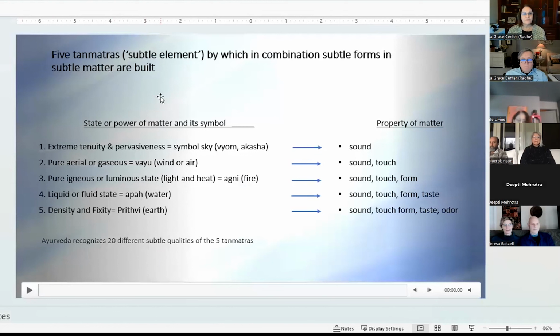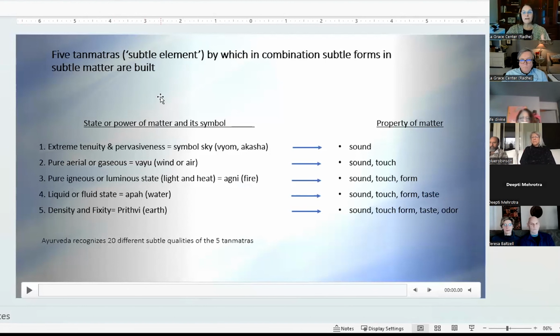So now we go to the second aspect of what the rishis cognized or perceived in this more subtle realm. And this is what they ended up calling the tanmatras, again, subtle elements, which in this subtle realm end up through combinations making subtle forms in this kind of subtle matter, if you will.